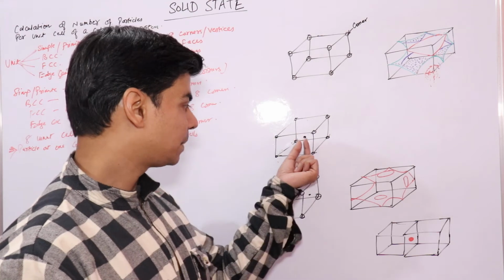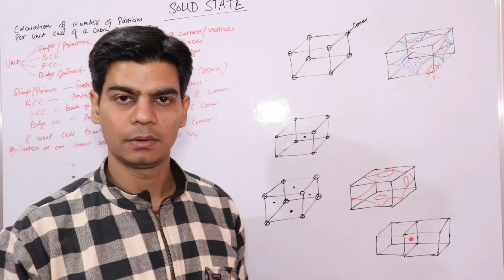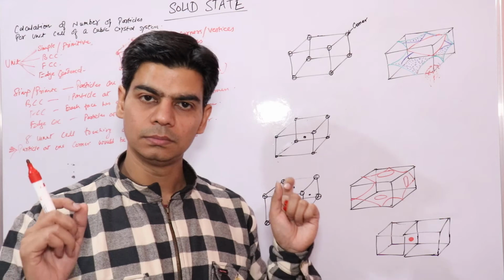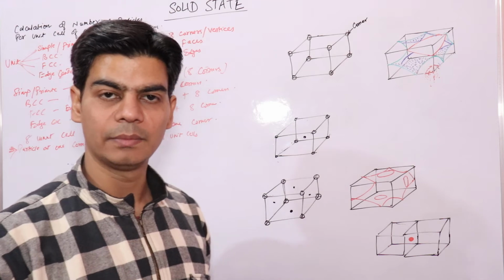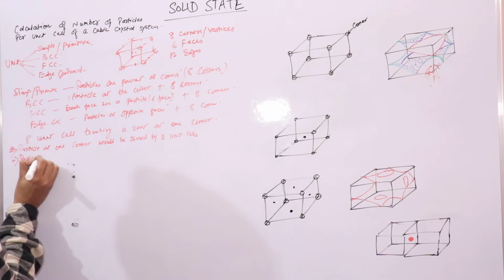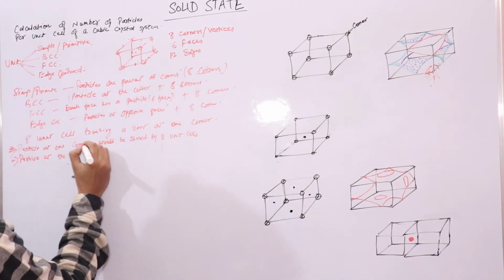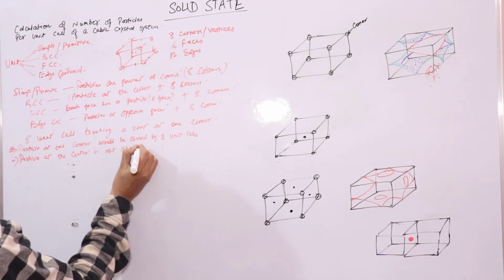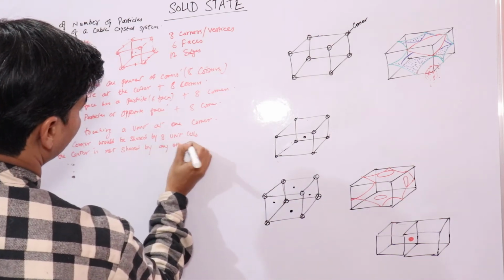This particle at the center is not shared by any other unit cell, because the center of the cube is not touching any other unit cell. So the particle at the center is not shared by any other unit cell.